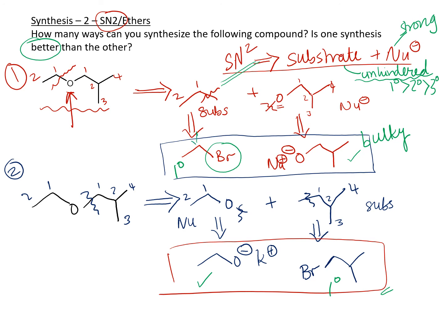So this carbon right here is easily accessible. On the other hand, the carbon in the other substrate is not easily accessible because this isopropyl group is causing a little bit of steric hindrance. Because of that, the ethyl bromide becomes a better combination to give our ether.